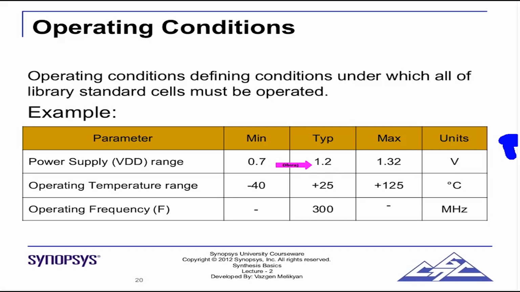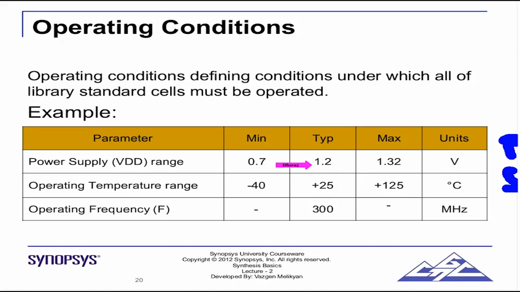We choose P to be slow. We choose voltage to be minus 10%. So 1.2 minus 10% of 1.2, where 10% means 0.12. You subtract 0.12 from 1.2 and it becomes 1.08. We can choose anything lower than 10% also, but typically it's 10%. It depends on the type of chip, the type of market we are targeting.